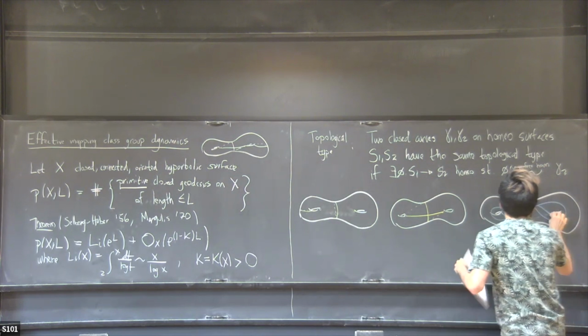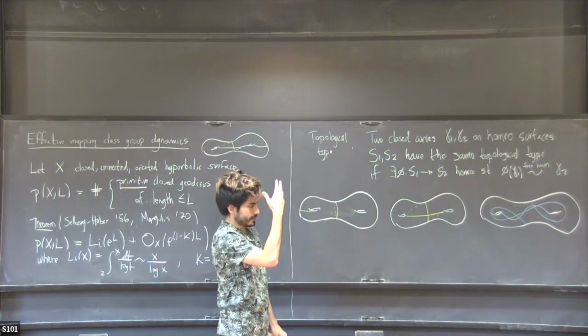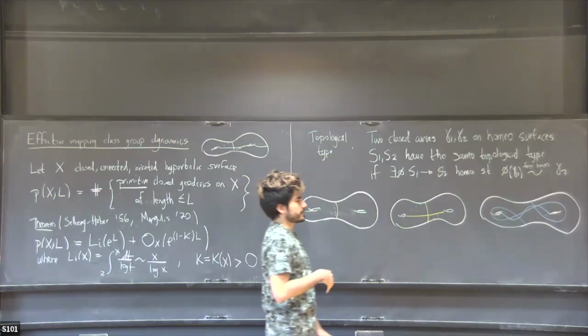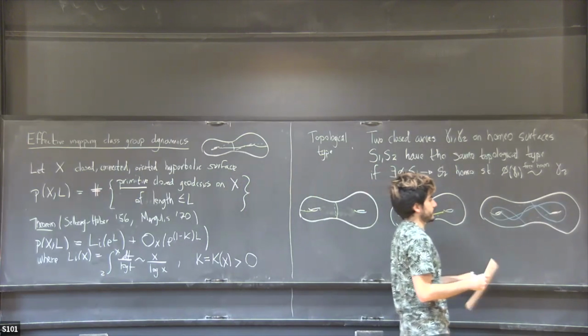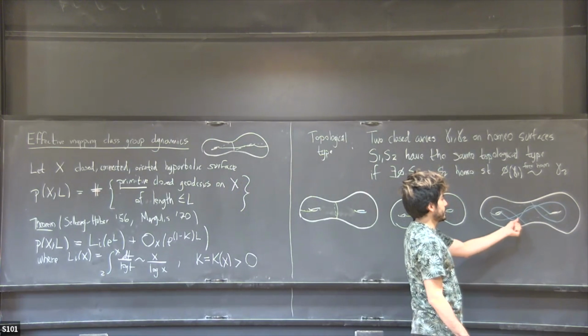It looks very complicated, but you can certainly come up with many curves that have this property that they cut your surface into disks, even after you tighten them as much as you can.